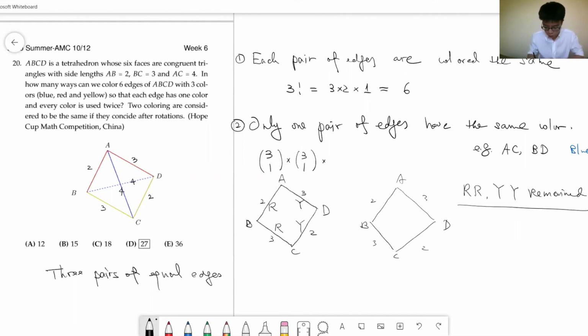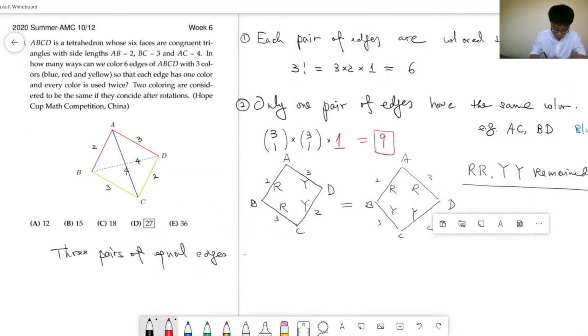So the other choice may be this, R, Y, Y, R, but these 2 are equivalent because we can flip the tetrahedron. So basically we only have 1 choice once we fix this pair and the color. So there will be 9 ways to color the tetrahedron in this way.